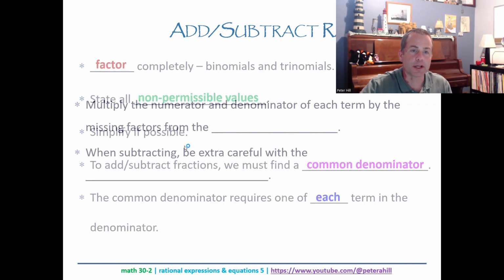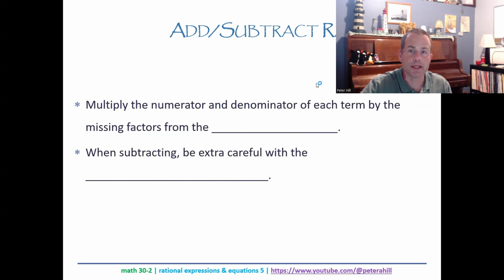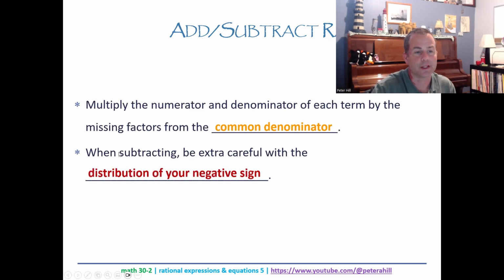All right, then we're going to multiply the numerator and denominator of each term by the missing factors from the common denominator. And then when subtracting, just be extra careful of distributing that negative sign, okay?